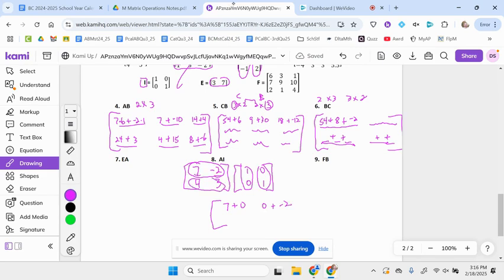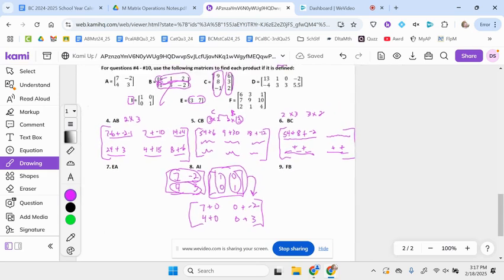And then when I take this row times this column, 4 times 1 is 4, plus 0, which is 4. And then when I take this row times this column, it's 0 plus 3 times 1, 3, which is 3. So why is this called the identity matrix? Because when I multiply an identity matrix by another matrix, it becomes the matrix that we originally had. It doesn't change the matrix, it stays the same.